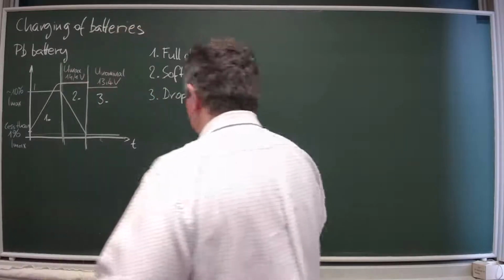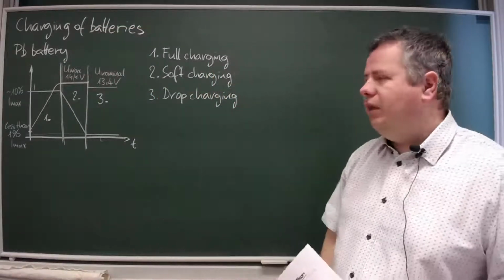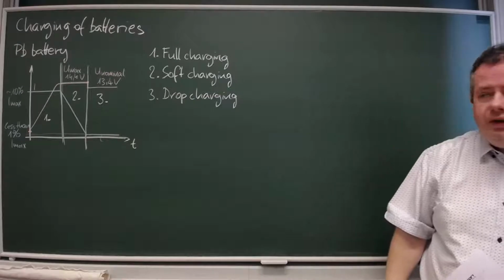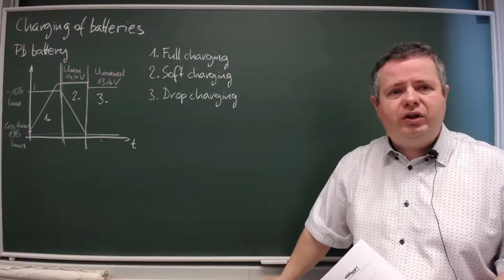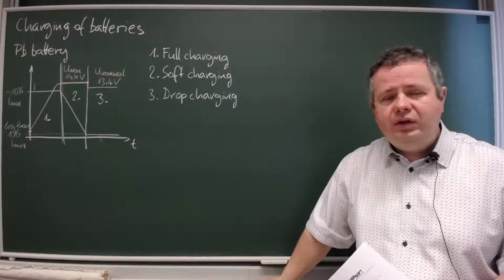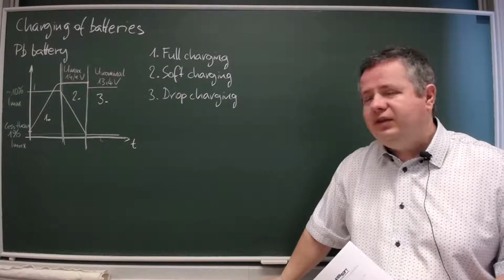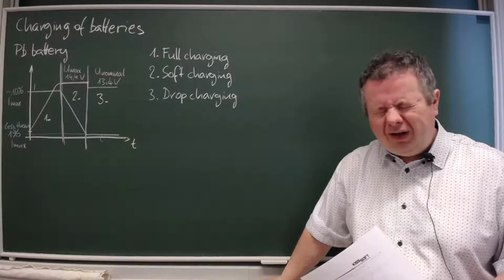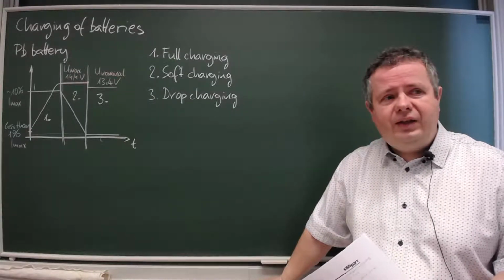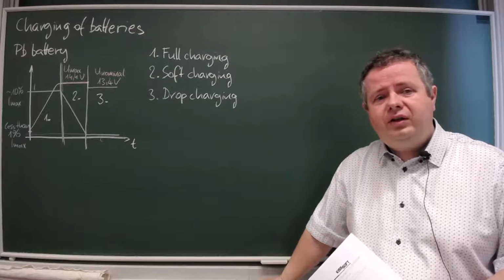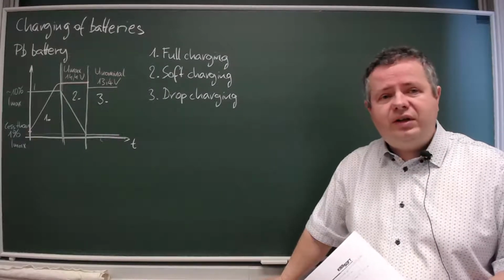When we add very little current, this very little current is added to keep the battery's charge at the top. You know that every battery has some internal resistance, like every electric device. And the drop charging adds just the current required to overcome the internal resistance.